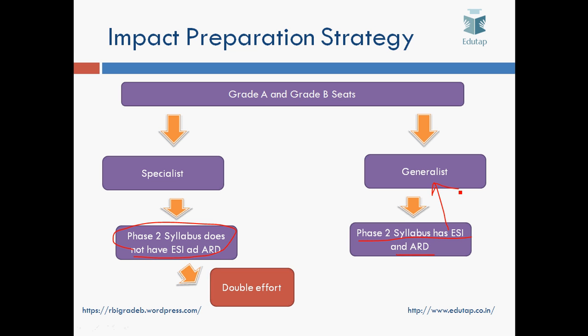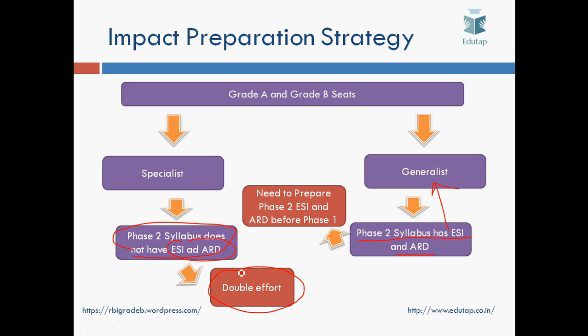So while preparing for a specialist seat, you do not have ESI and ARD in phase 2, but you have to prepare ESI and ARD for phase 1. So it's kind of a double effort for you. You have to prepare ESI and ARD for phase 1, and then your specialist subject for phase 2. So in a way, you are preparing for two subjects here, right?